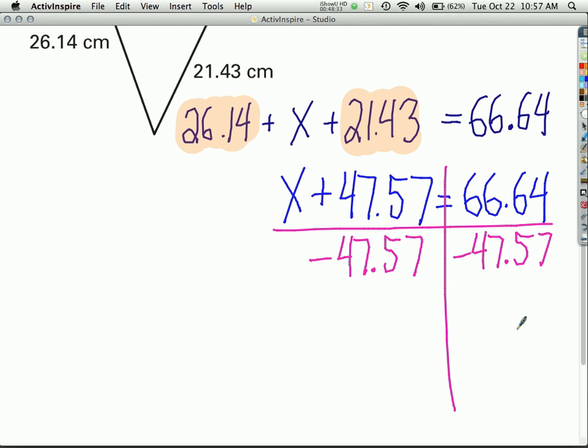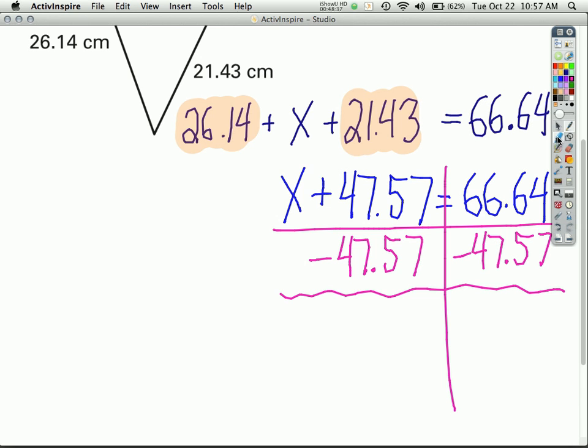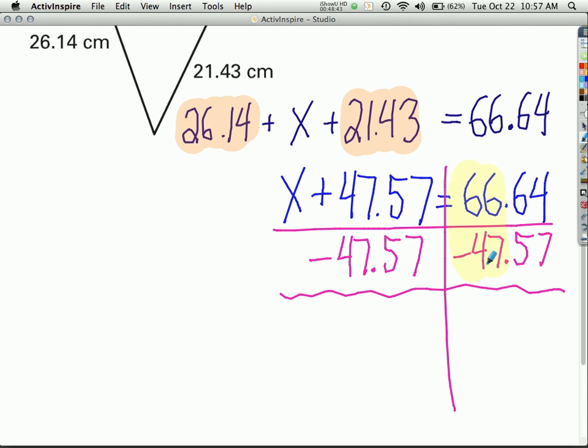Before you use your calculator, although I'm guessing some of you already did, could we take an estimate of what's going to happen when we just do the 66 minus the 47? What would you say that's going to be close to? It's going to be close to 19.